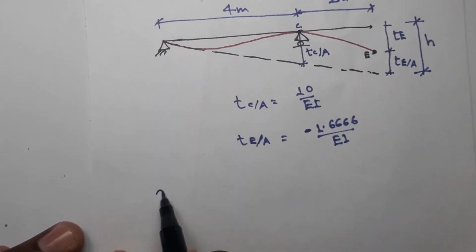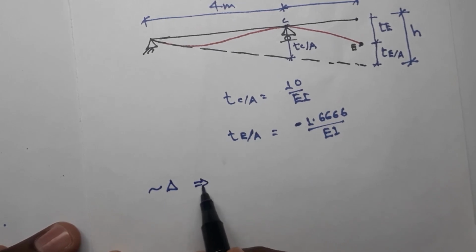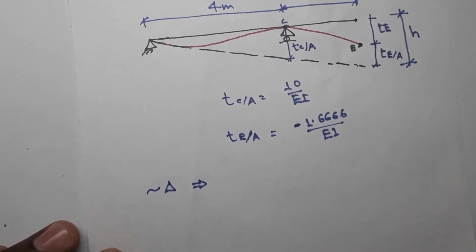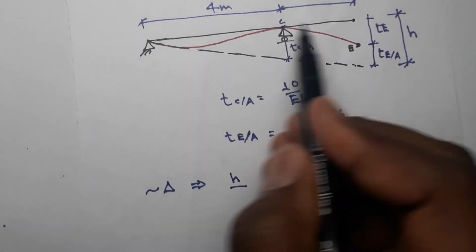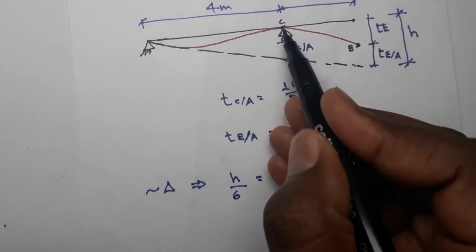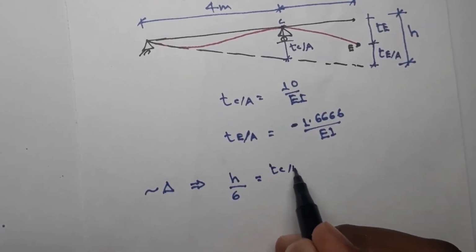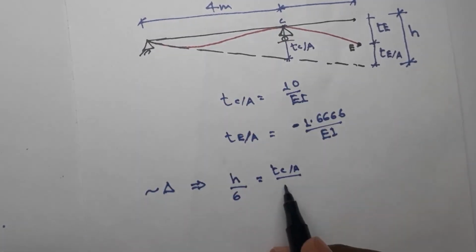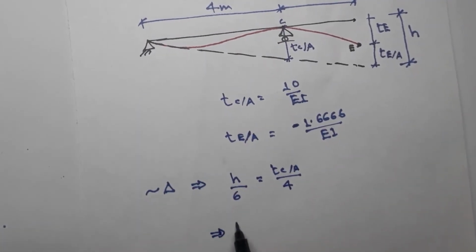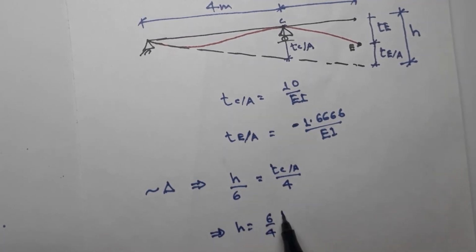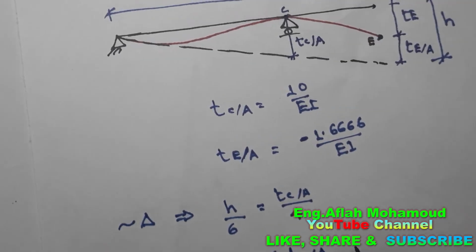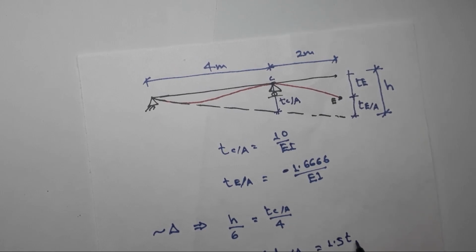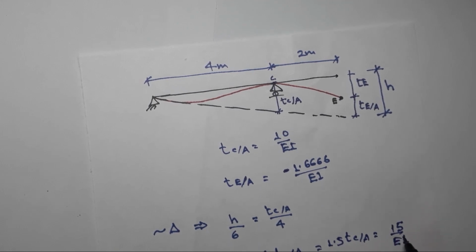So by similarity of triangles, we have the vertical distance h divided by the total length 6 must be equal to the translation of C with respect to A divided by this distance, that is 4. So from here h will be equal to 6 over 4 times the translation of C by A. So this is equal to 1.5 times the translation of C with respect to A. This you will get 15 over EI.